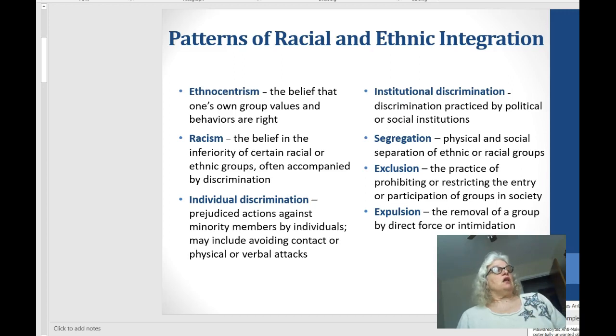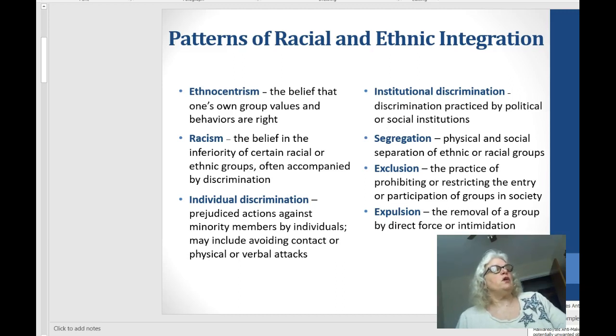Acts like this increase by the individual discrimination that occurs, and that's the prejudiced actions against minority members by individuals. And individual discrimination is not just, as we start looking at this chapter, we have to consider some of the other chapters that follow.